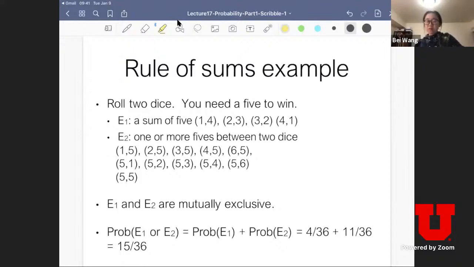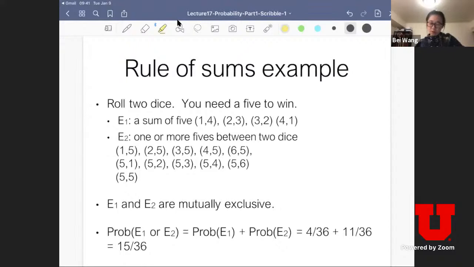And you can see that the first set of events, E1, does not contain a 5 in either roll, while the second always contains a 5 in at least one of the rolls of the dice. So those 2 sets of events are actually mutually exclusive. So the probability of event 1 or event 2 occurring is the sum of the probabilities of each individual event.